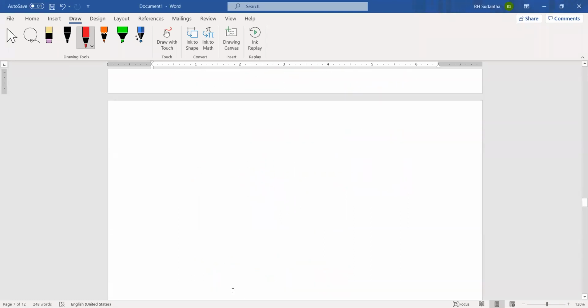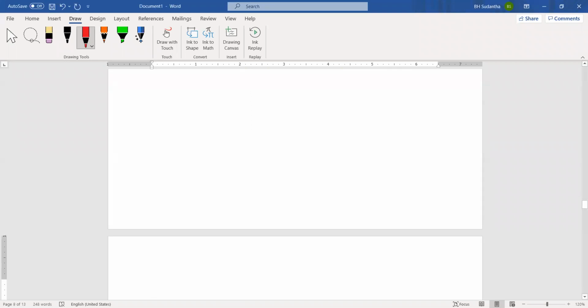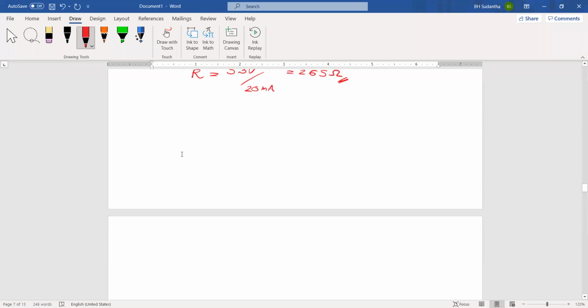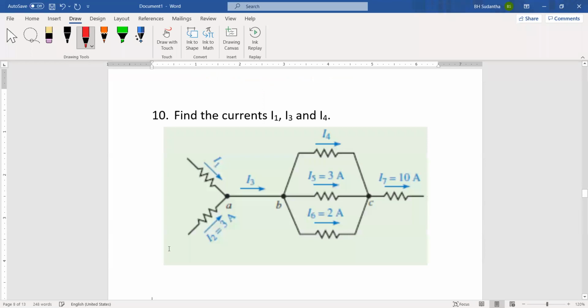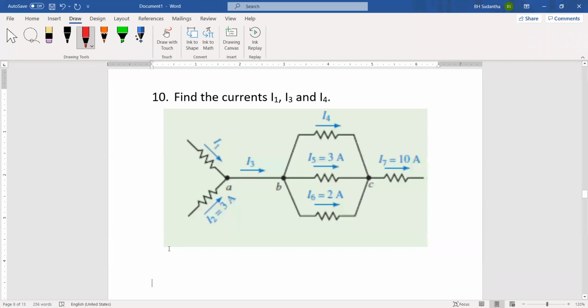Okay, shall we try this? And this is a very easy one.